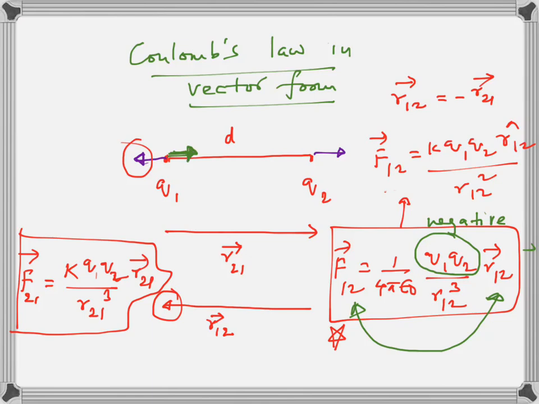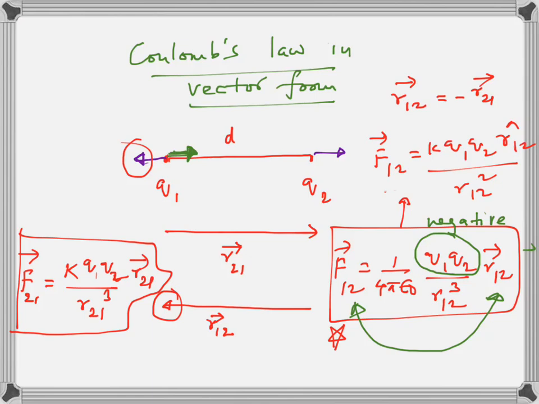So this law, what I have written here in vector form, is most general. It is valid for any type of charge. That is the interesting point of this Coulomb's law in vector form. This law is valid irrespective of the magnitude or the type of these charges. Why is Coulomb's law in vector form necessary?